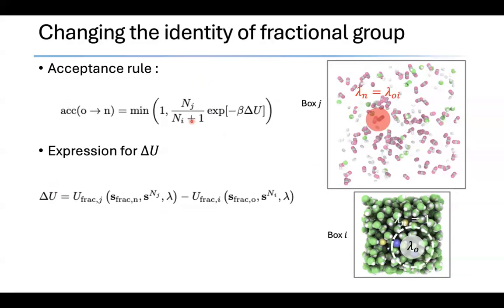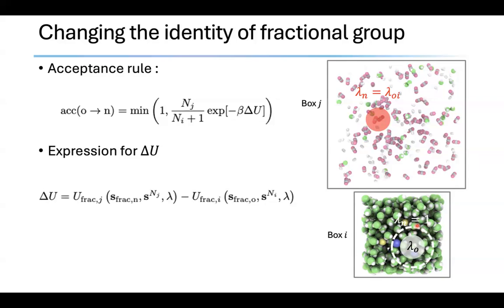And the last and final type of trial move is called changing the identity of the fractional group. When you're changing the identity of the fractional group, you're doing two things here. Firstly, you're changing the fractional molecule in box I to a complete molecule, which means that the fractional molecule whose value is lambda old becomes 1.